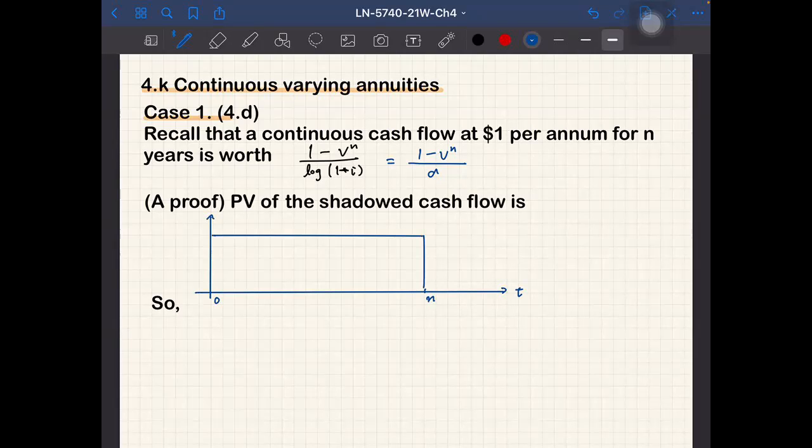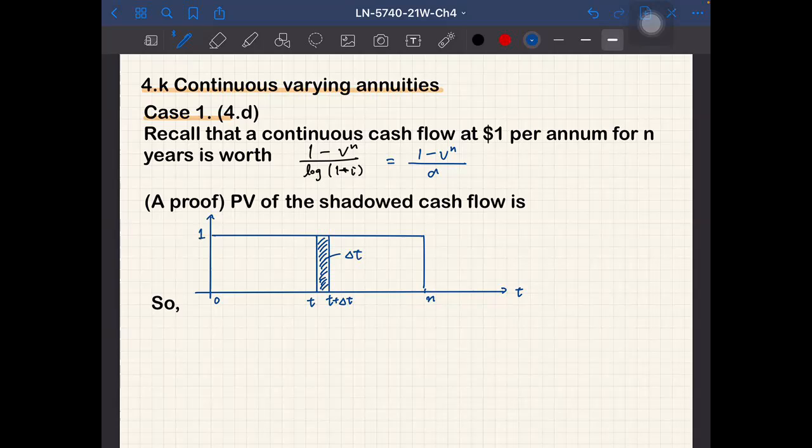If we think about year t and year t plus delta t, a very small quantity, then the rate is $1 per year. So this area is delta t times 1. This is the area of delta t, the shadowed cash flow.